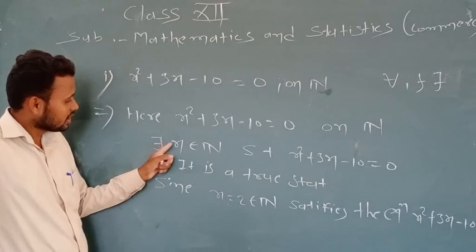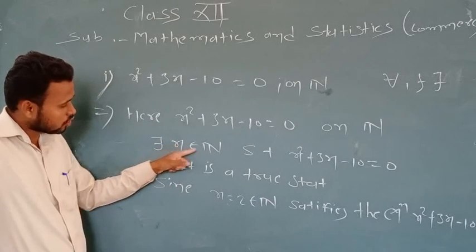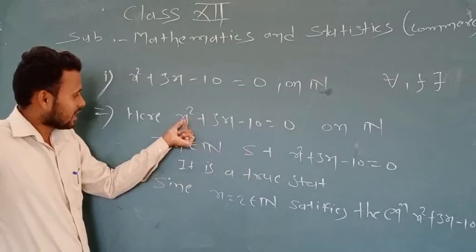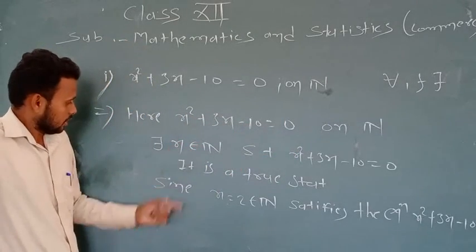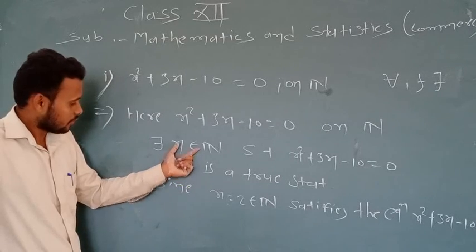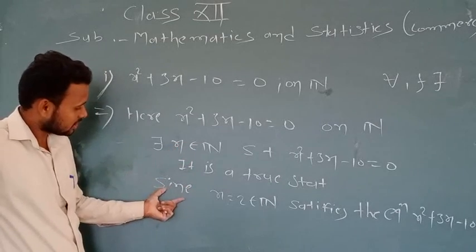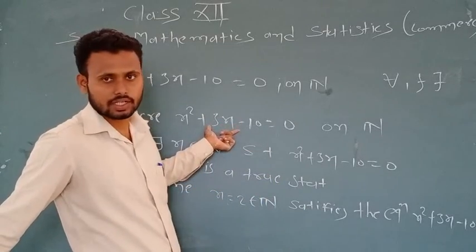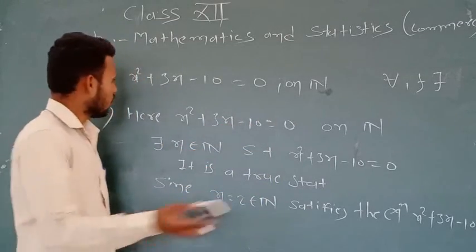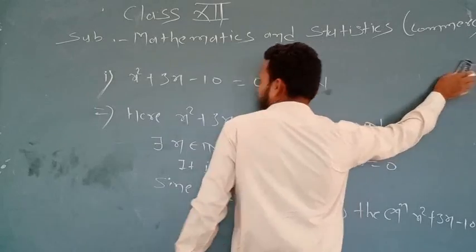Means there exists x belongs to natural number such that x square plus 3x minus 10 is equal to 0. It is a true statement. हे ट्रू स्टेटमेंट झालं. Therefore, since x equal to 2 हा नॅचरल नंबर हे इक्वेशन सॅटिस्फाईड करतो. ठीक आहे. विच इज रिक्वायर्ड आन्सर.